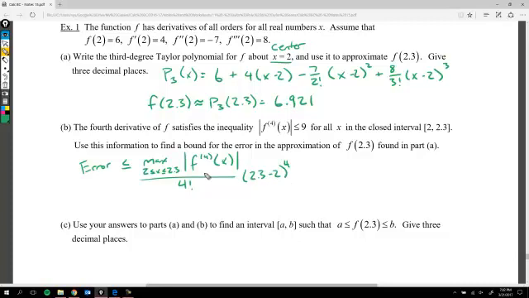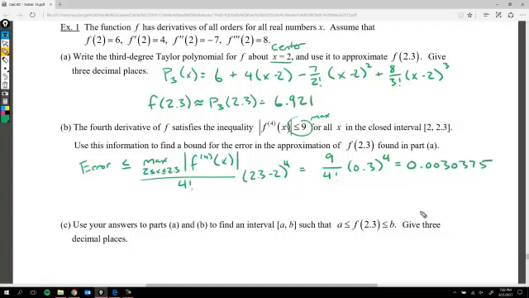Right, so all I did was I wrote out my next term: fourth derivative, 4 factorial, fourth degree, and I plugged 2.3 in for x. The nice thing is that they told me what my maximum value is. They said it's 9. So I have 9 over 4 factorial times 0.3 to the fourth power, which is a very small number.